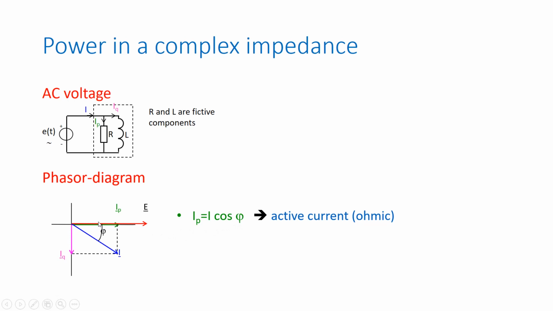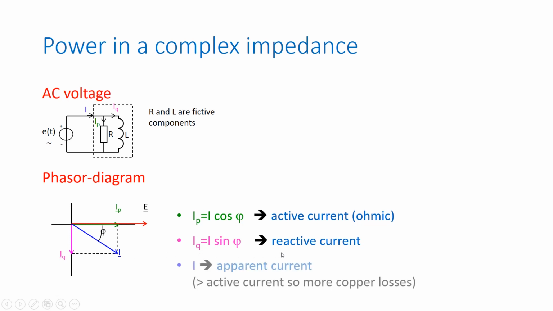Because the cosine of phi is IP divided by I. And we call that the active current, the current through the ohmic part of my impedance, so through that resistor. IQ is I times the sine of phi, because the sine of phi is equal to IQ over I. And IQ is called the reactive current.